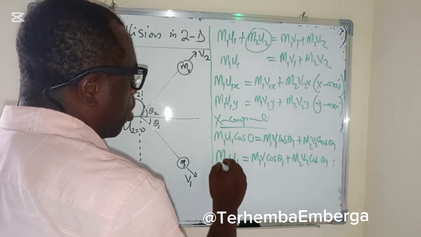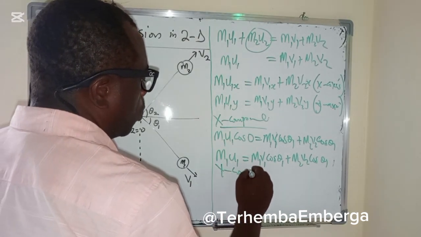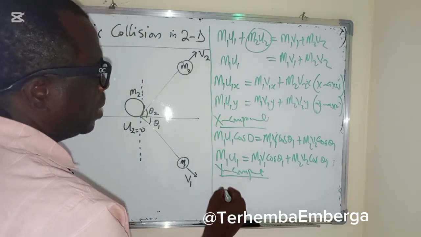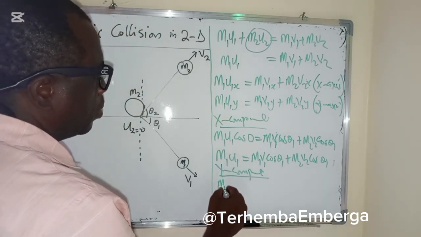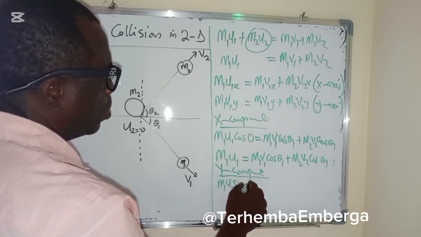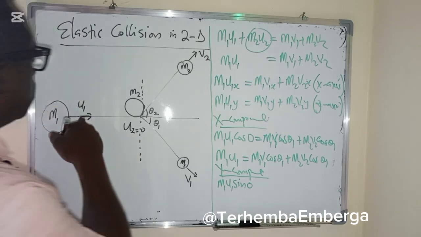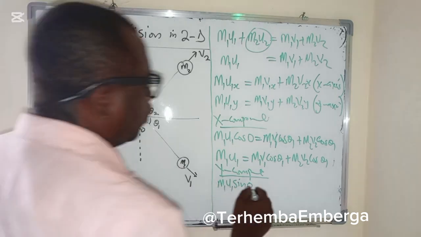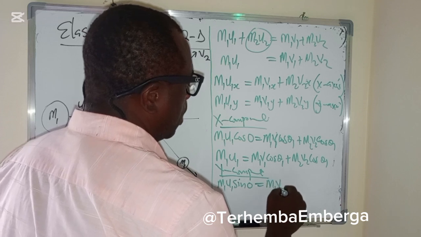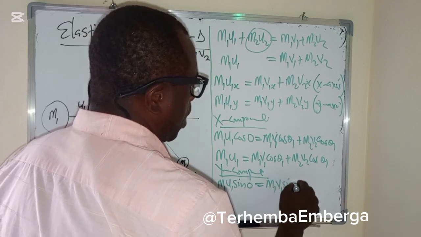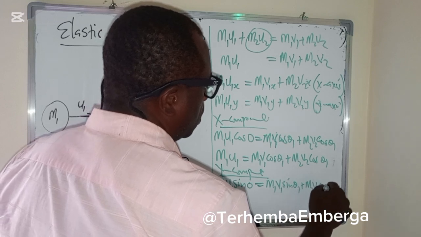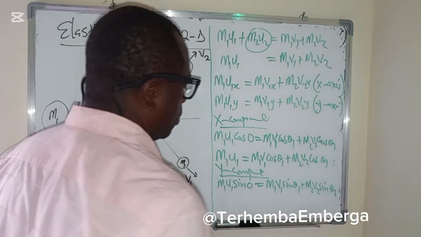Then for the y component, we also integrate this and we'll have m1 u1 sine 0, because no angle is involved, equal to m1 v1 sine θ1 plus m2 v2 sine θ2.